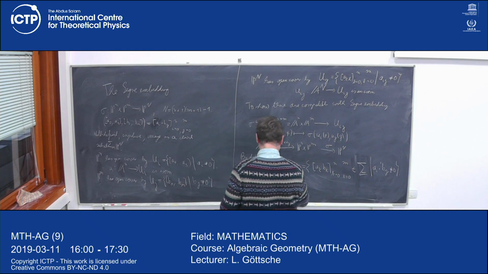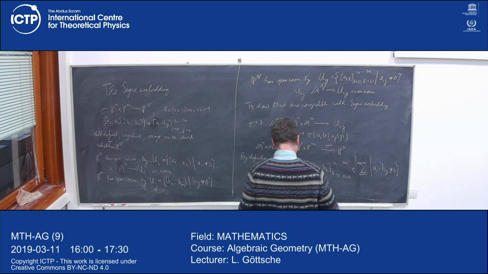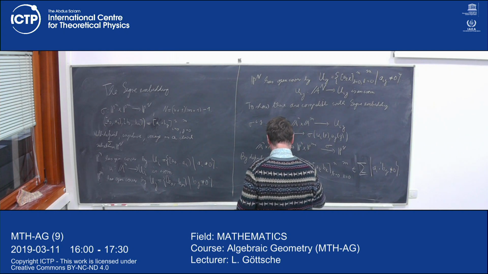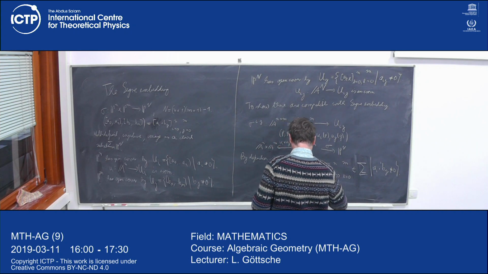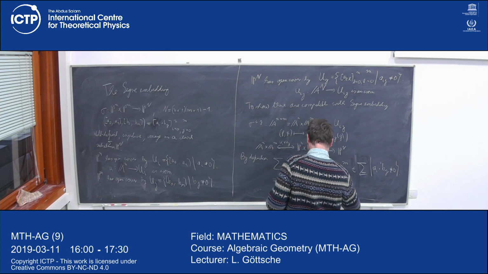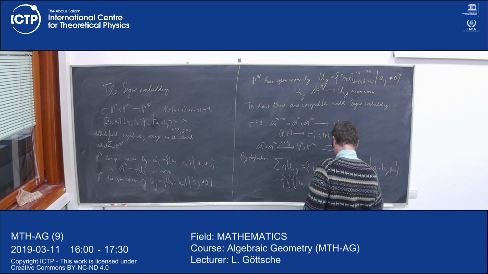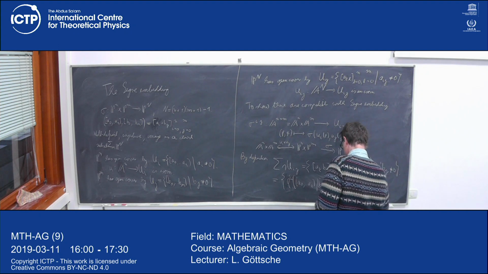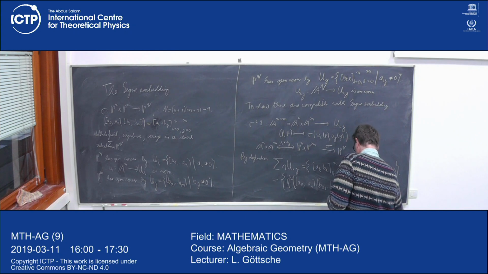So this is just the same as the image of the set of all images sigma of (a_0 to a_n, b_0 to b_m) such that a_0 to a_n is in U_i and b is in U_j.